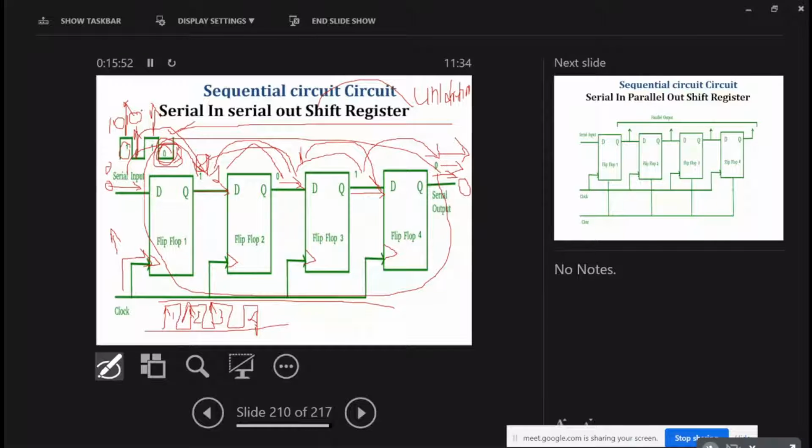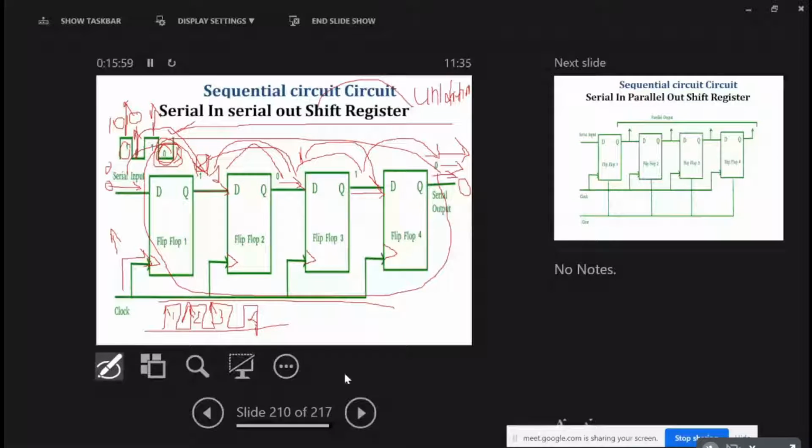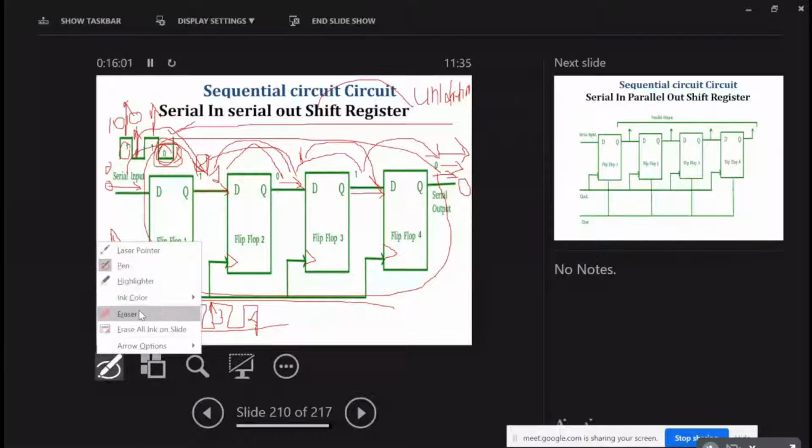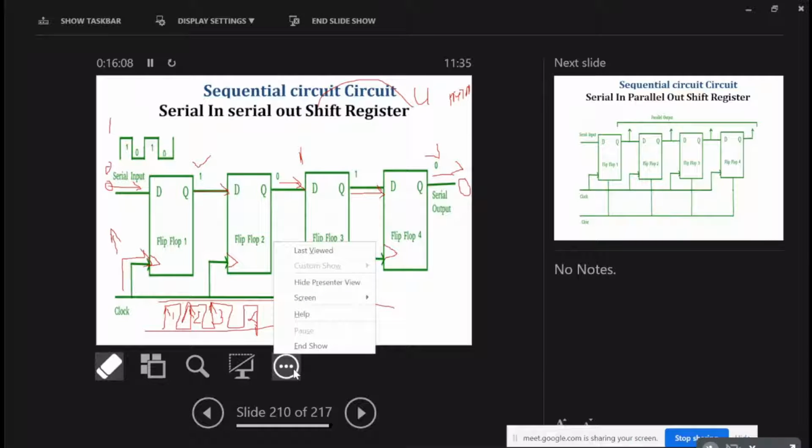Next is the serial in, parallel out shift register. Okay, here what is happening? If we try to get the information in parallel, we require parallel lines.